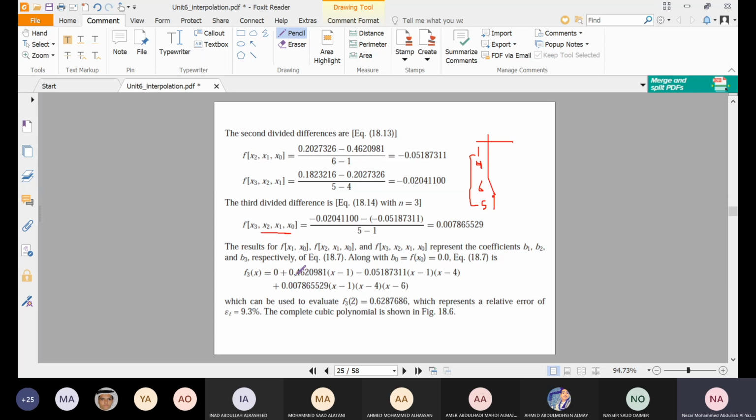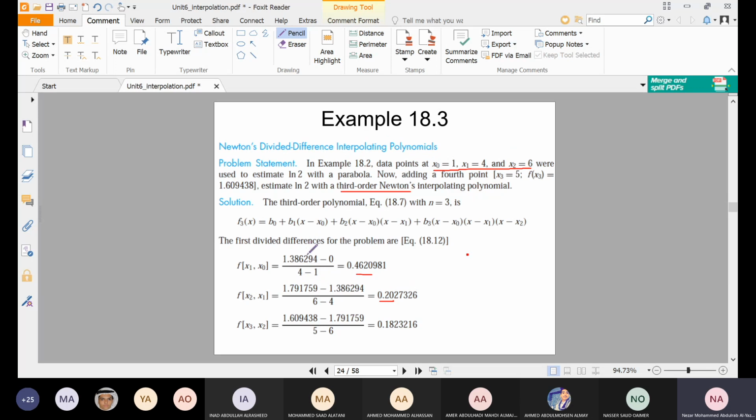Okay, so these coefficients that contain x0 will be the b's that we have. That contains f0, the function at x0. So b0 is equal to f at x0. The first divided difference that contains x0 is b1.